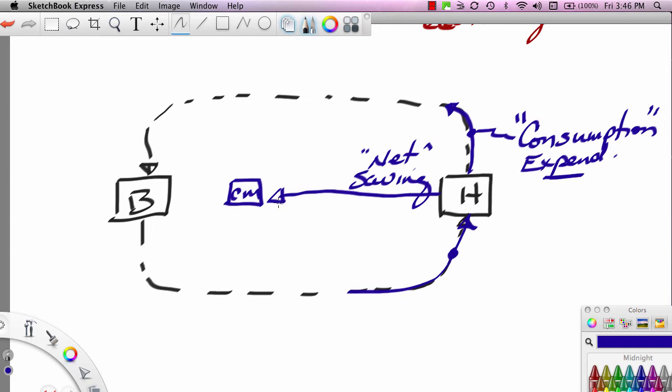The household could put funds into a credit union account. The household could put funds into the bond market. The household could put funds into a stock market account. There are even insurance funds and all sorts of instruments by which a household can save.